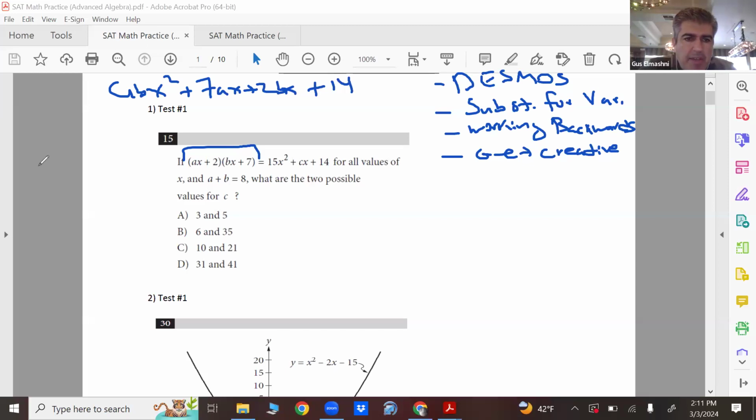And it's going to equal the other side, which is 15x squared plus cx plus 14. So you know AB equals 15. We know these are the same. And C would have to equal 7a plus 2b.